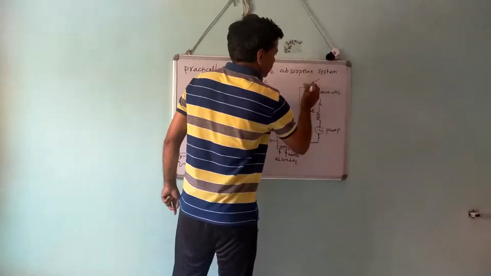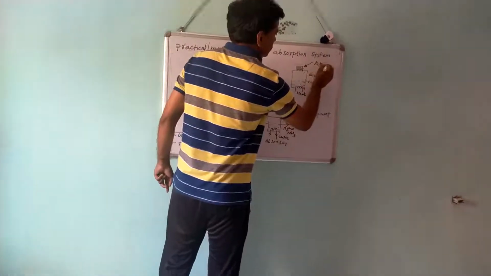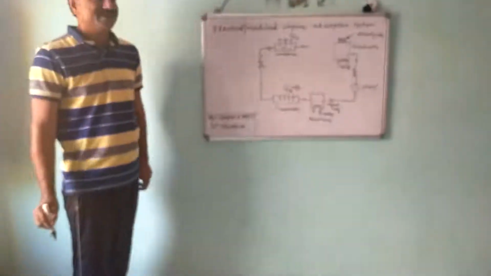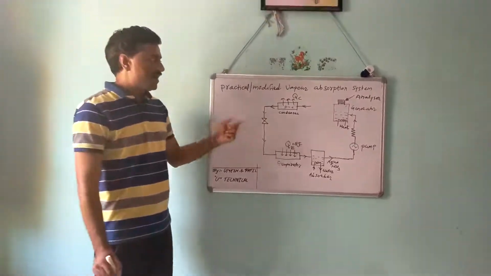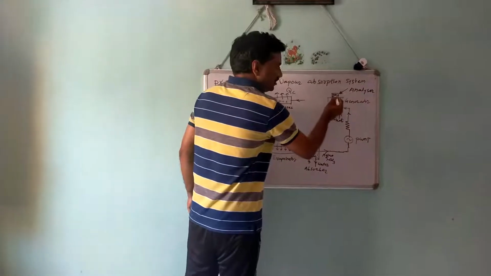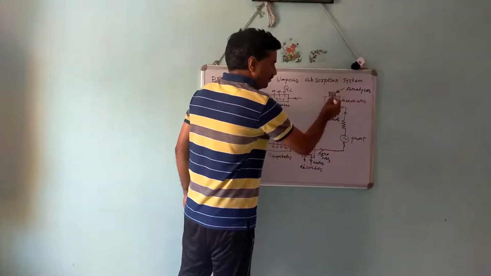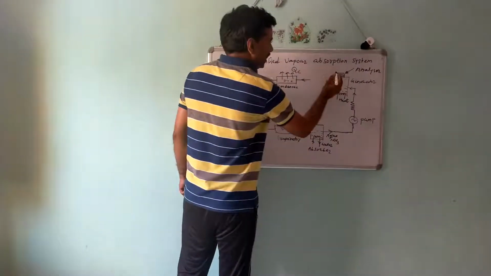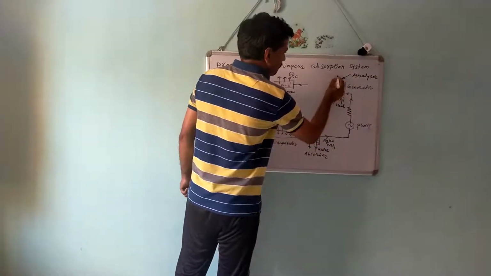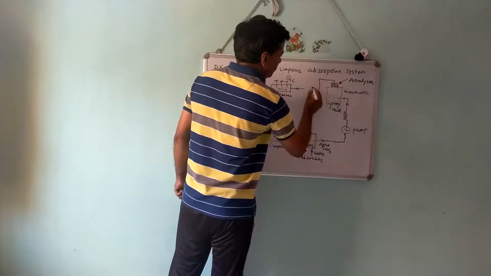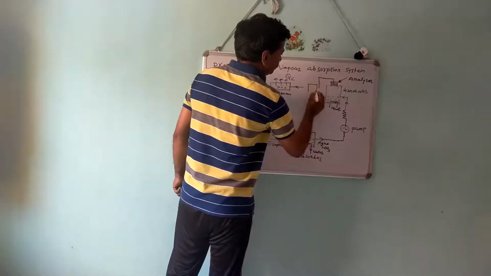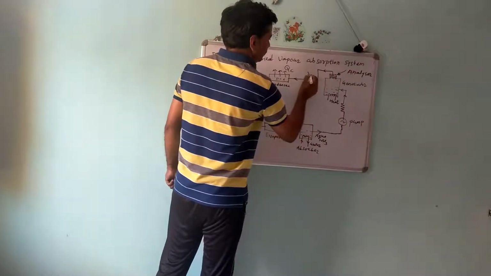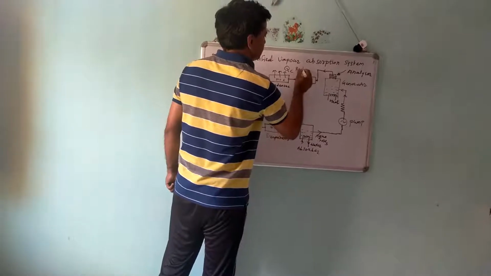So an additional device is fitted over the generator, or it is an integral part of the generator, that is the analyzer. The analyzer, by mechanical means, will separate the water vapors, and these water vapors are given back, they will enter back into the generator, and the ammonia vapors will enter a rectifier. This is a rectifier, one additional device.